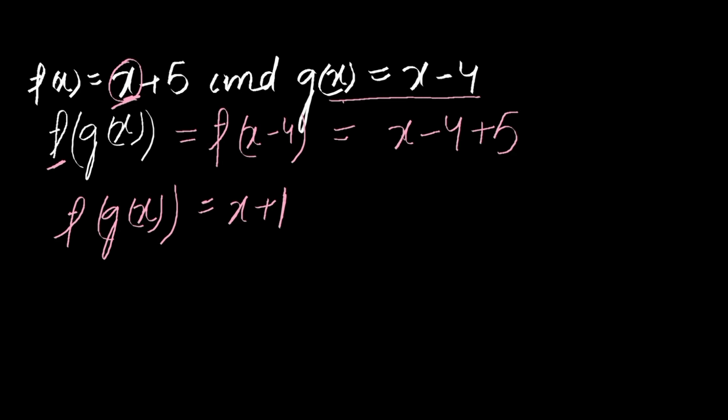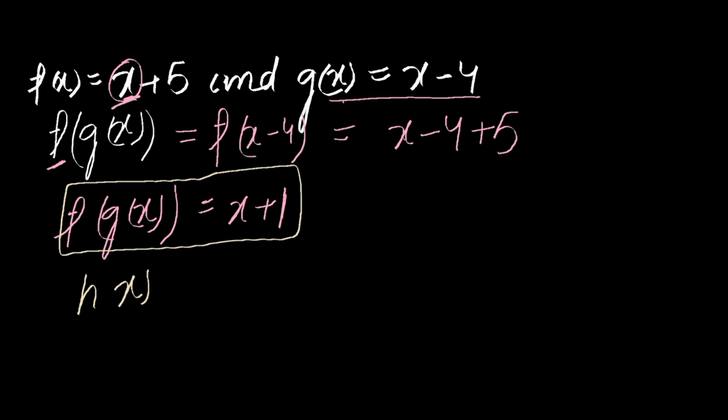So this is the composite function here. I have to find the inverse of this composite function. So I will call it h of x. I would say that f of g of x is equal to h of x. It doesn't matter. So h of x is equal to x plus 1.